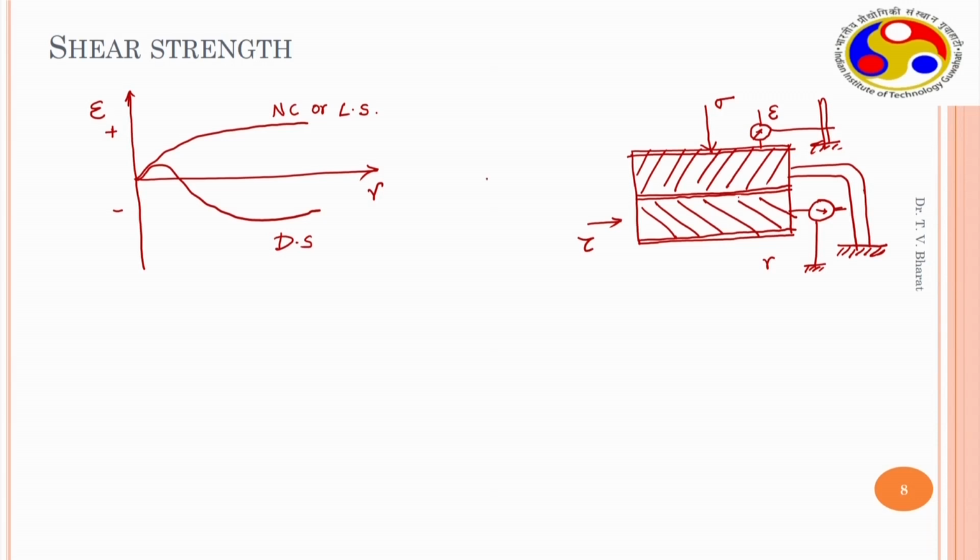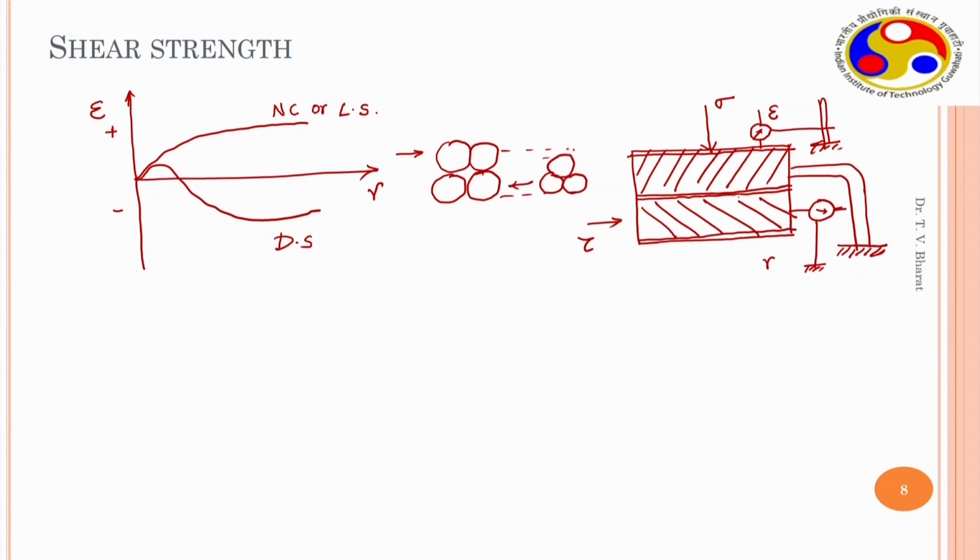We have also seen that this is because when the particles are in the loosest possible state, they may assume this particular configuration, and when you shear, during the shearing operation they eventually roll down to a denser packing.